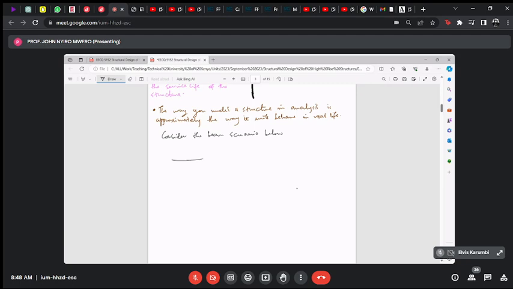So let's look at 2 simple beams. One is fixed and one is pinned, simply supported. Okay, so they've got the same length, L.